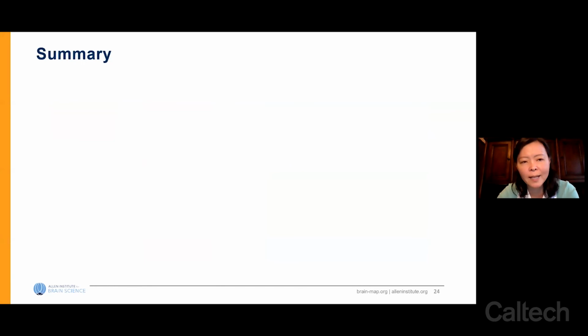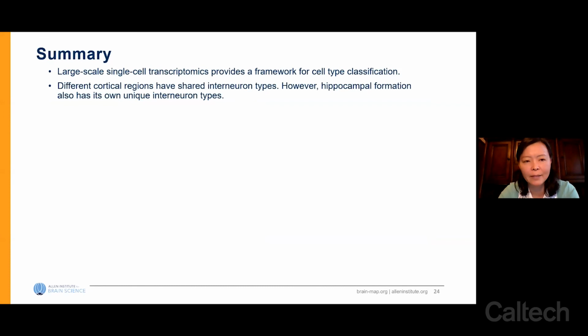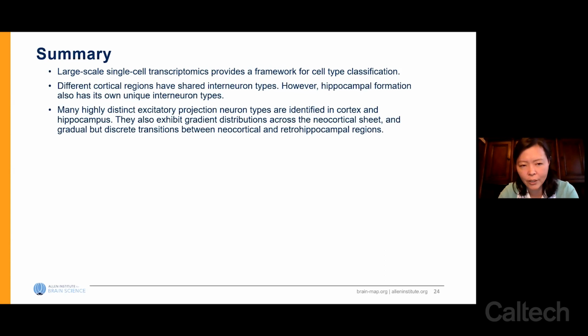So with that, I want to summarize what I have told you. I showed you that large-scale single-cell transcriptomics provides a framework for cell type classification. We found that different cortical regions have shared interneuron types, but we also identified a set of unique cell types for hippocampal formation in addition to the shared ones.